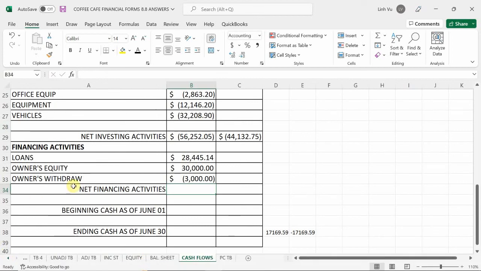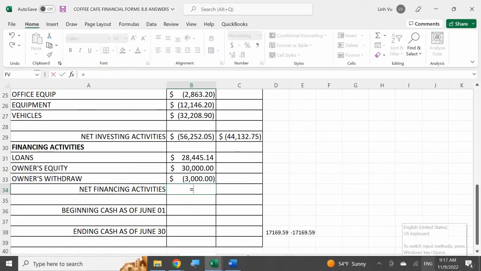So what is going to be my total financing activities here? I took a loan, I invested $30,000 of my own money, and I took $3,000 of my own money.